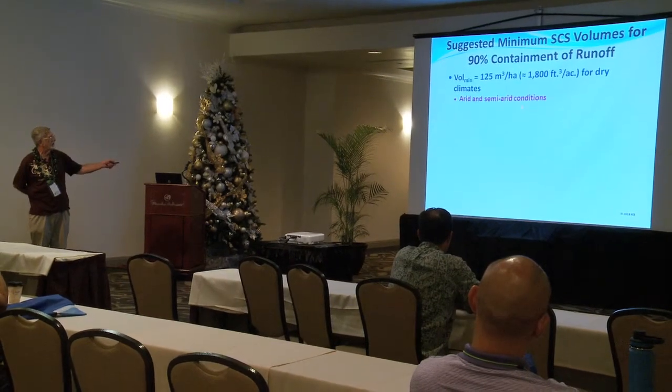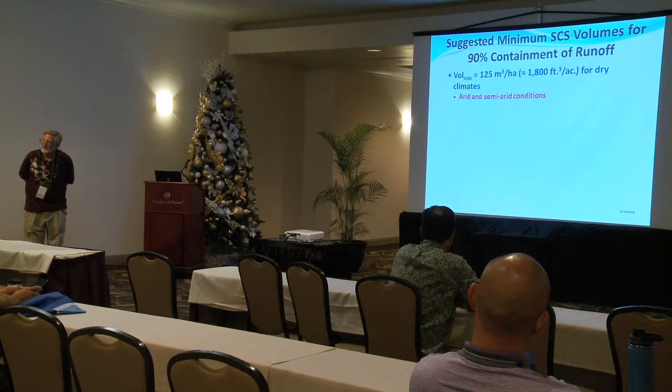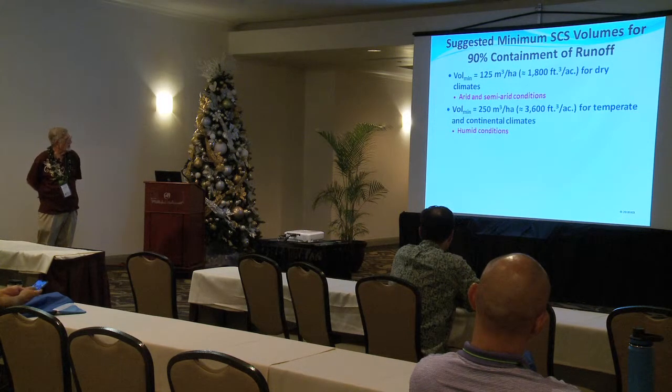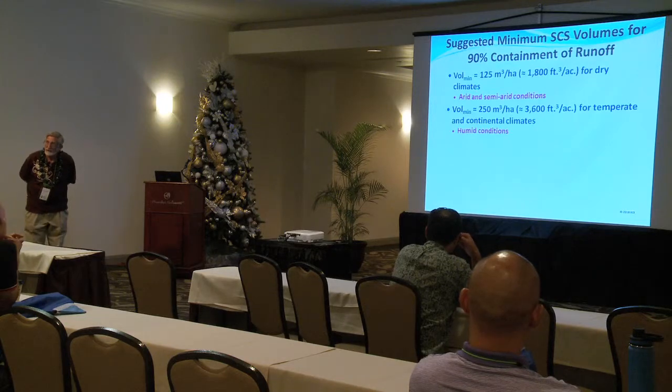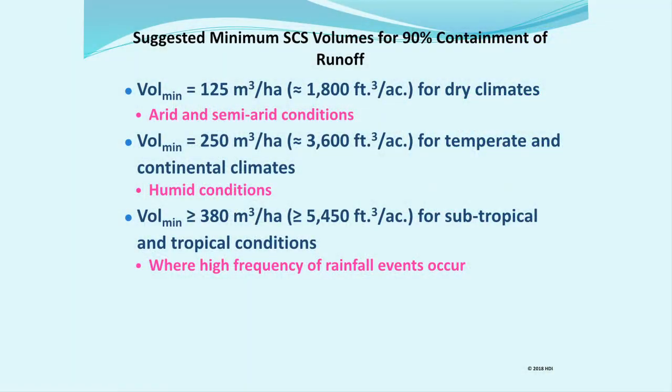In the arid, semi-arid, let's take 1,800, don't do 3,600, that's too much. In your temperate or humid conditions, that's where 3,600 comes in. Honolulu is in a tropical climate. I'm recommending that you kick that up to 5,450 cubic feet per acre because you have a lot more storms that come in there.